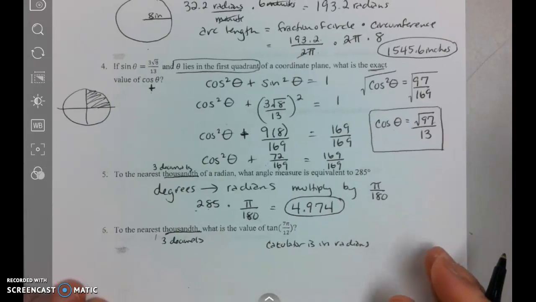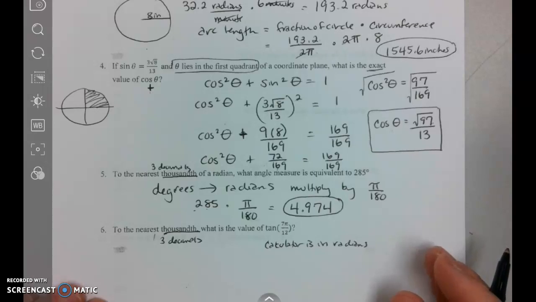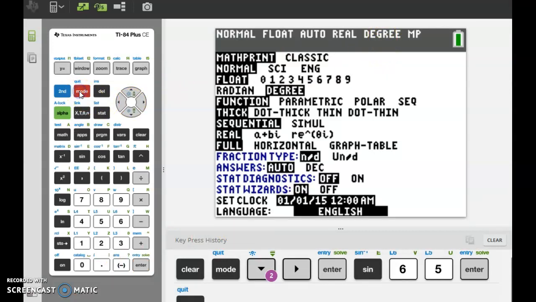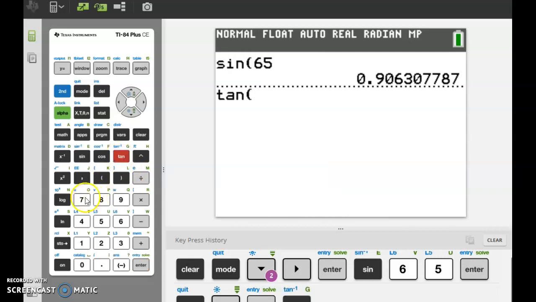So I'm going to go into that mode, and I'm going to switch it back to radians. Currently my calculator is in degrees, so I'm going to hit mode, arrow down to the word radian, and hit enter. Now my calculator is back in radians, and I'm going to do tangent of 7 pi over 12.